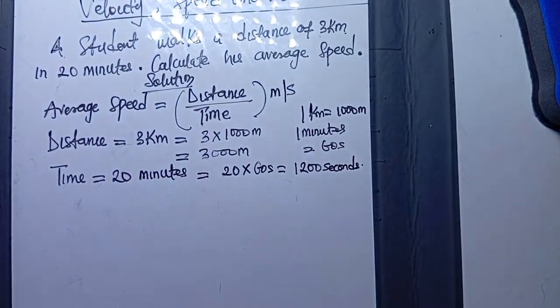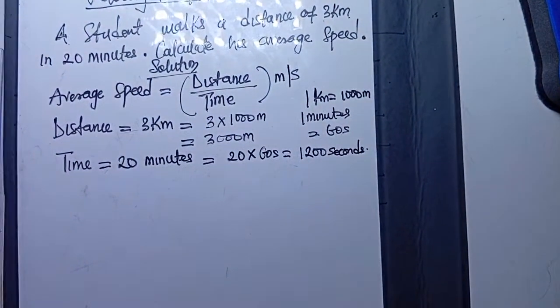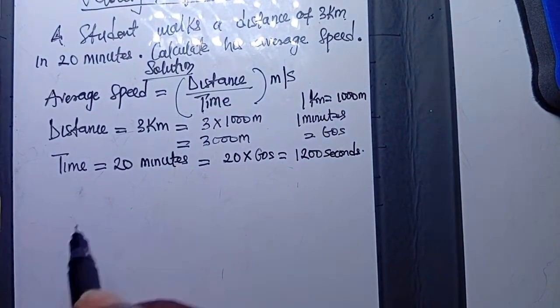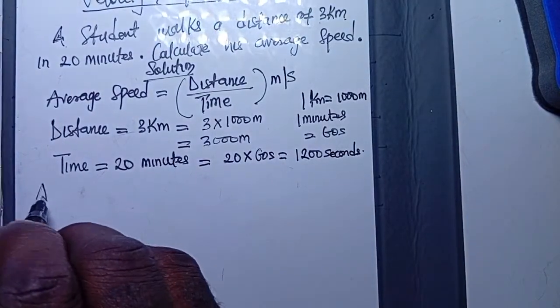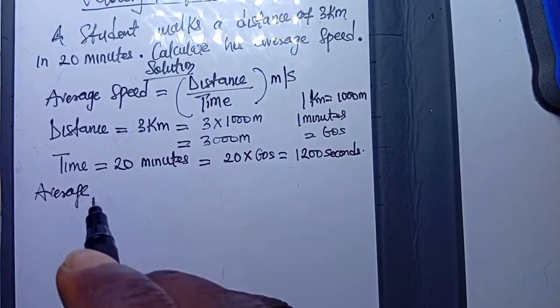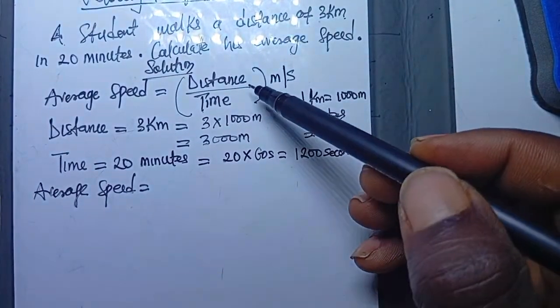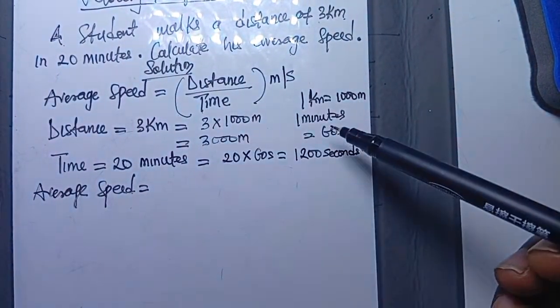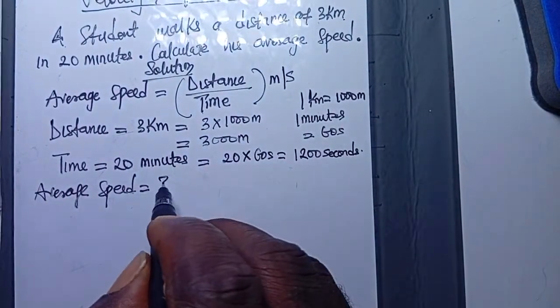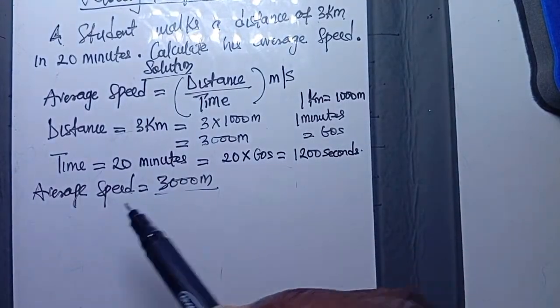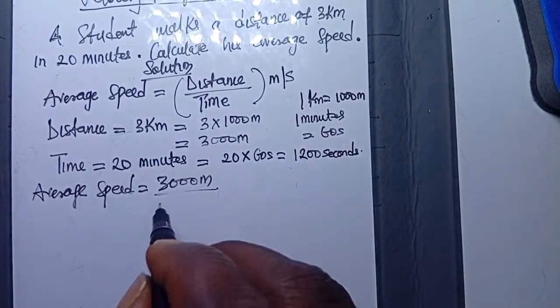Now let's apply the formula so we can get the exact value. Our average speed will now be the distance, which is 3,000 meters, over the time, which is 1,200 seconds.